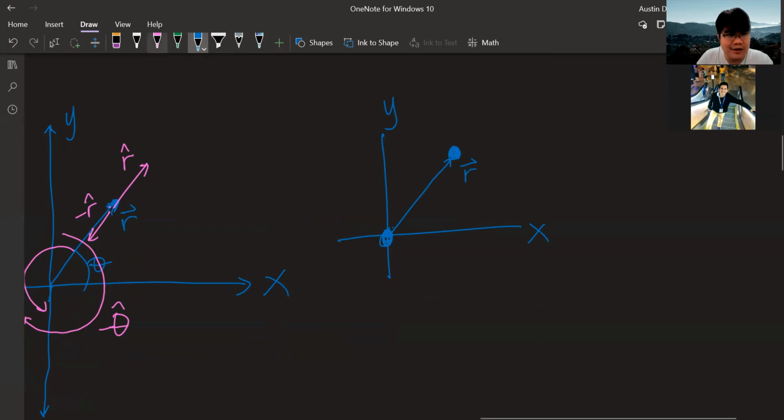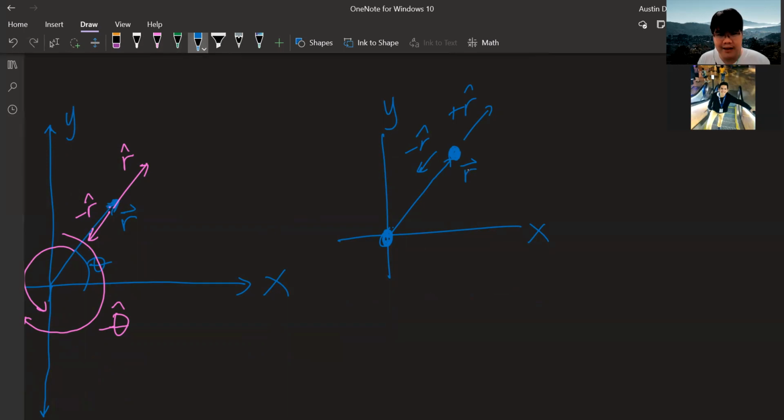And you can see that, sabi ko nga, yung plus r hat would be on this direction, radially outward, and radially inward yung negative r hat. Okay? So itong dalawang to, they are attracting kapag negative r hat.